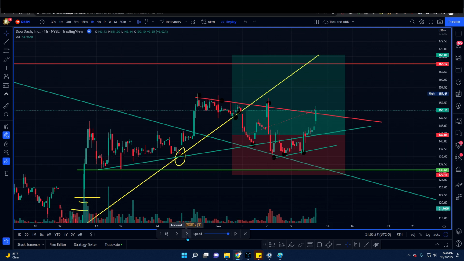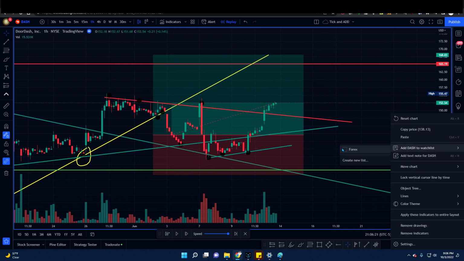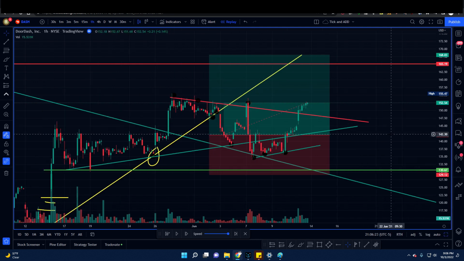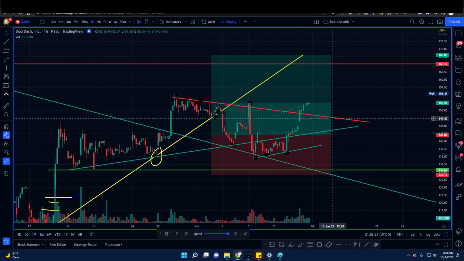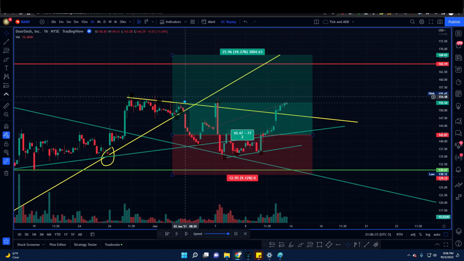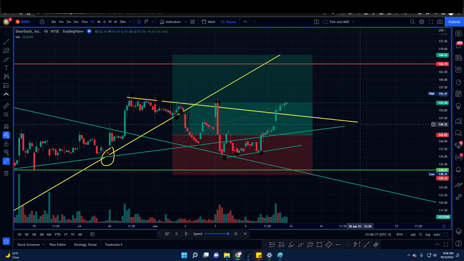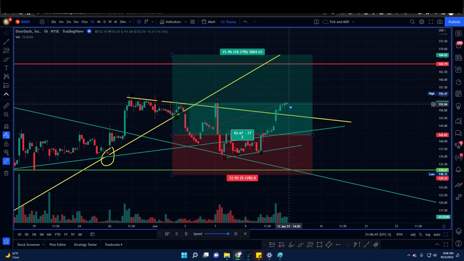Let's go again. 1, 2, 3, 4, 5. Okay, so I'm still not comfortable turning this red or turning it green. I am gonna turn it yellow though. We don't know its character right now. We expected to see selling from it in the past, which made it red on the way up, but now we're not so sure because now price is above it.